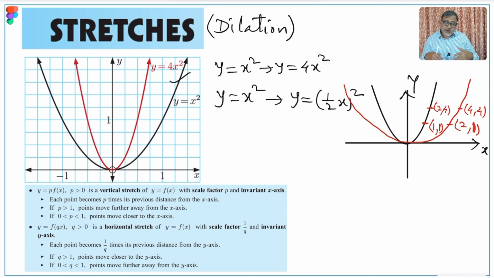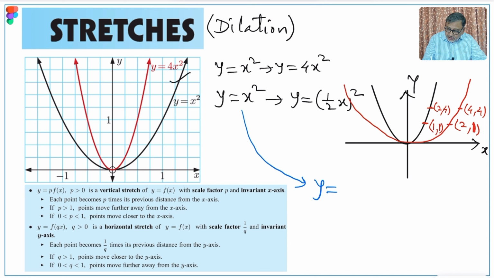When you multiply x by a fraction which is between 0 and 1, then the graph will get stretched. If you multiply it by a number which is greater than 1, then it will get shrunk. So suppose your graph is y is equal to x square, if it changes to y is equal to (3x) square, now the graph will get shrunk.